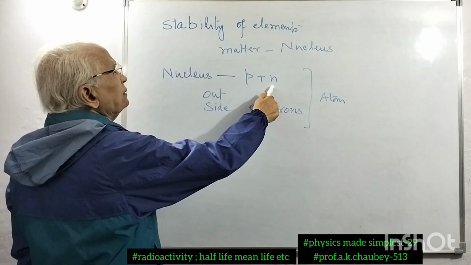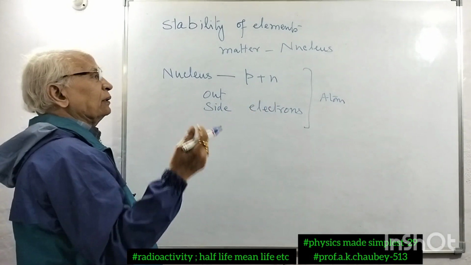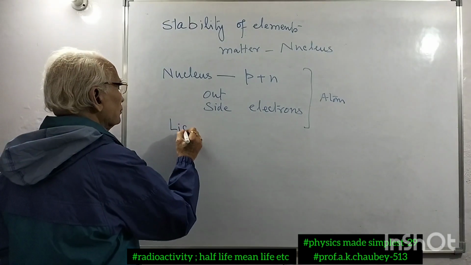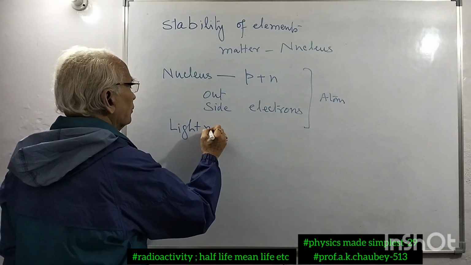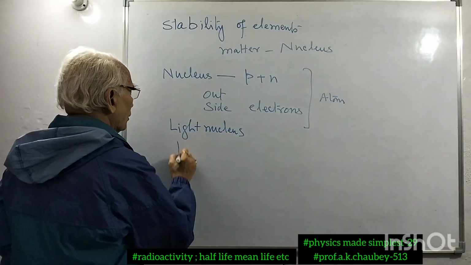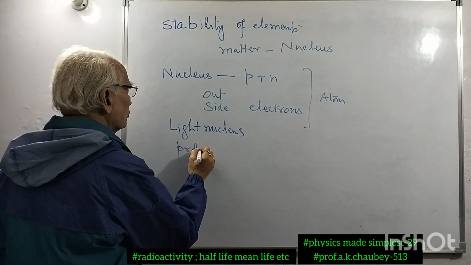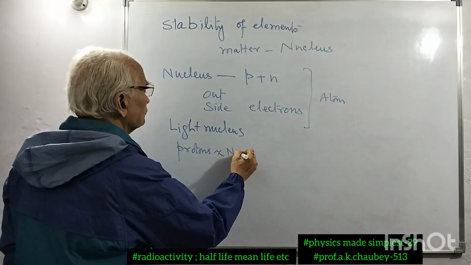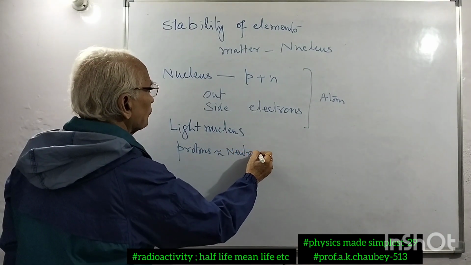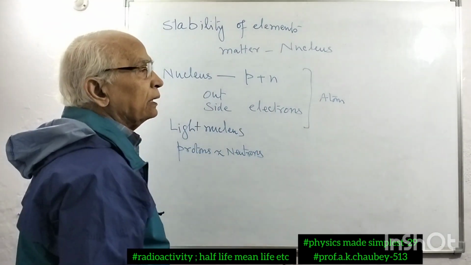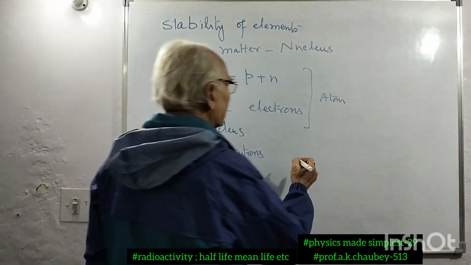So nucleus is stable. You add on, say the light nucleus, protons are equal to neutrons. But as we go to higher systems, their neutron number increases.